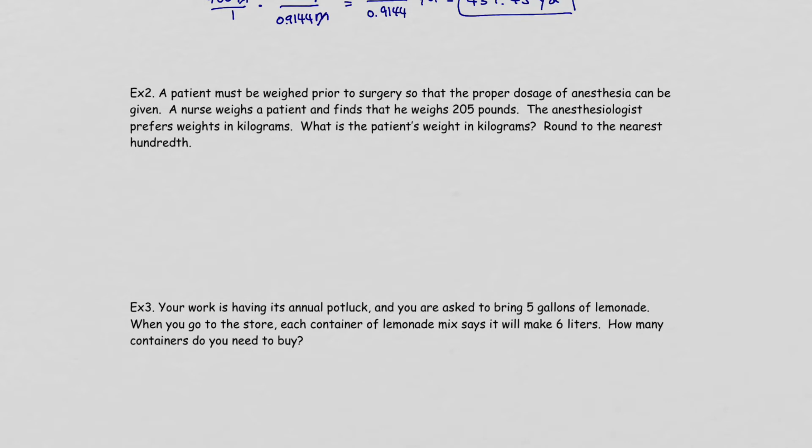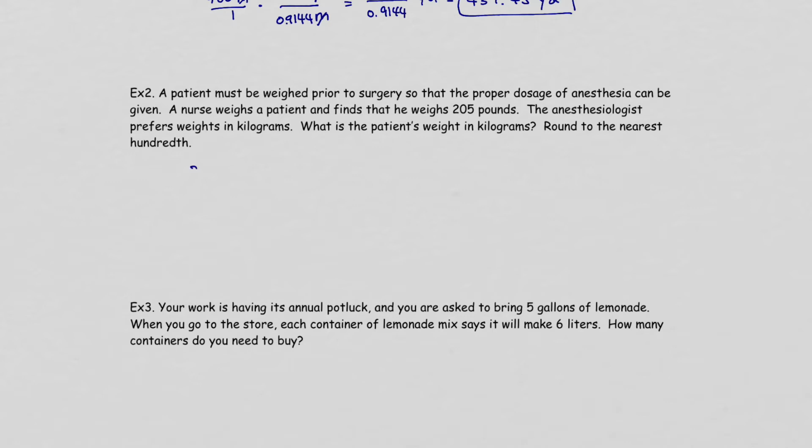This looks like a long word problem, but once you read it, you understand what they are asking you to do: convert the weight of the patient, which is 205 pounds, into kilograms. And they want you to round to the nearest hundredth, so that means 2 decimal places.